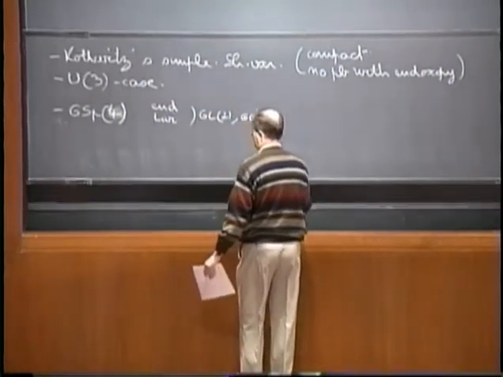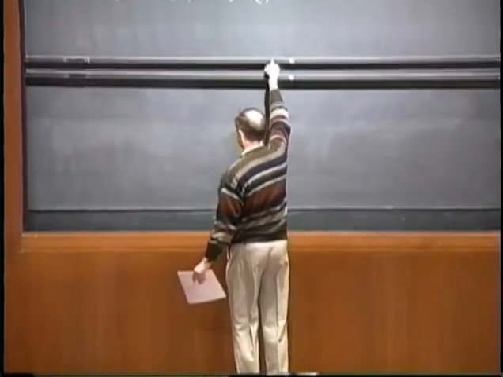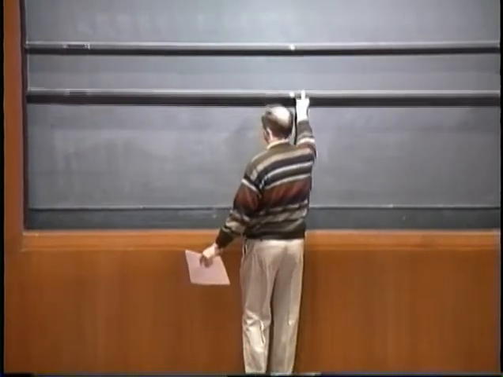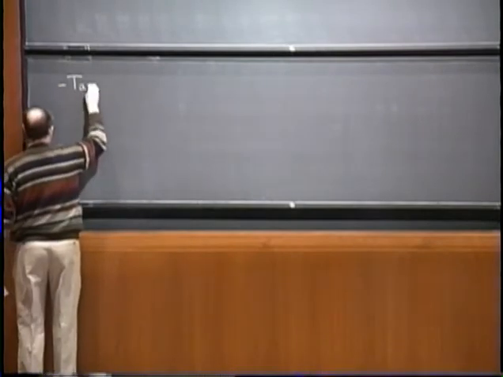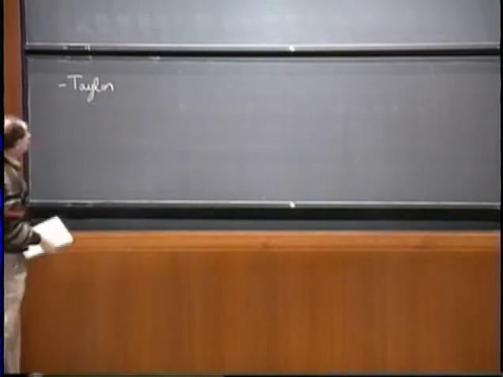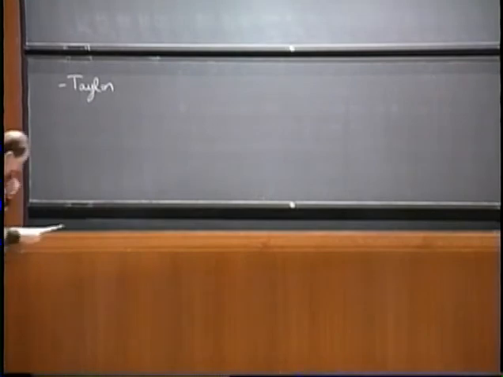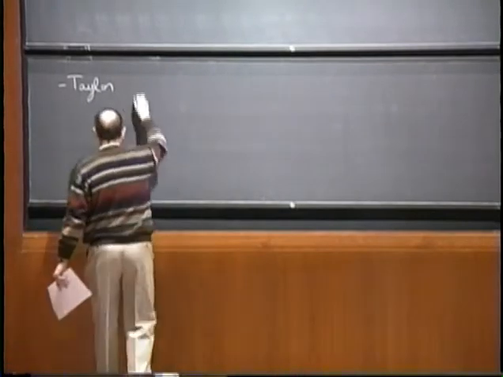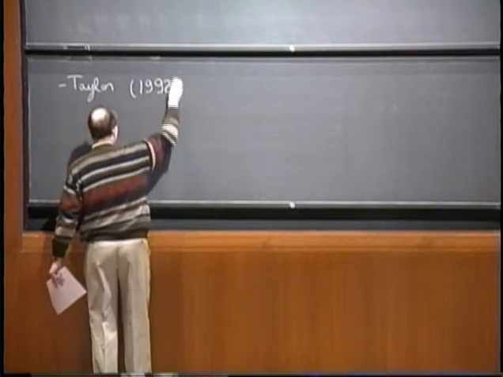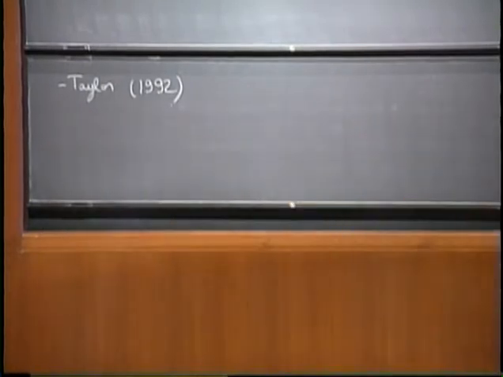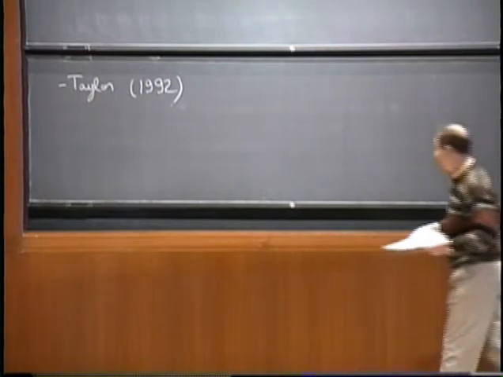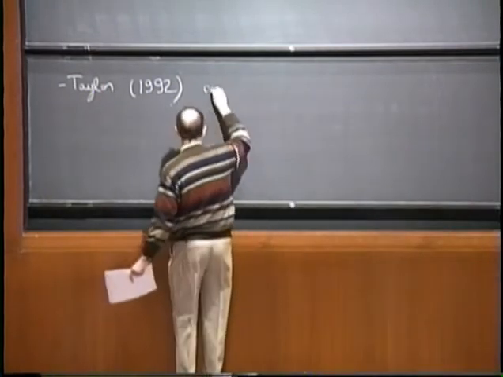So what is known about this case, and what I will speak about. The first results in the direction of computing the zeta function were obtained by Richard Taylor in 1992, using only the congruence relation plus some p-adic Hodge theory.